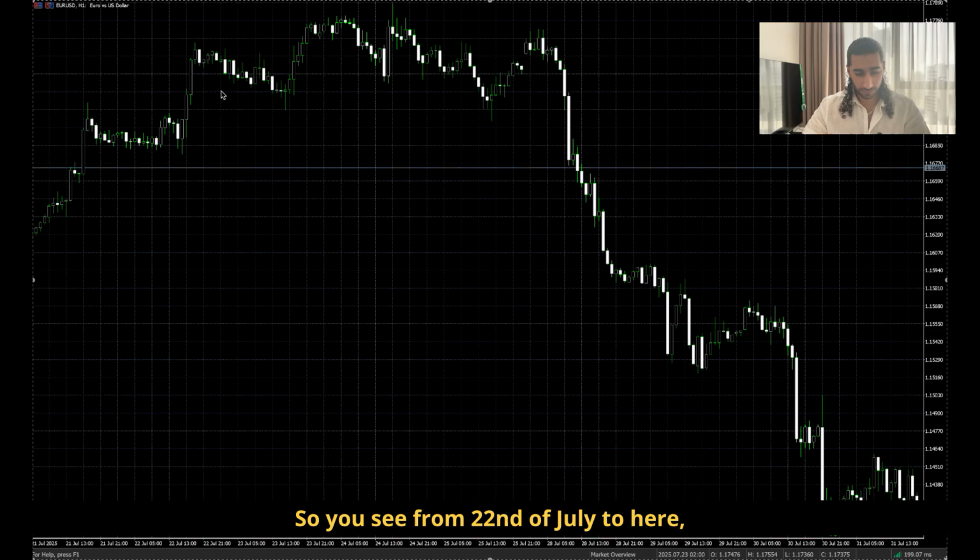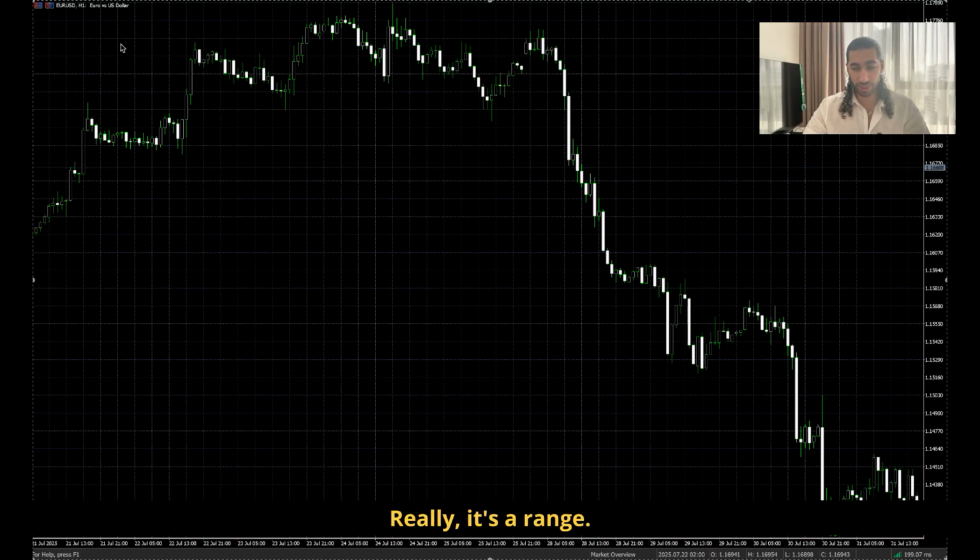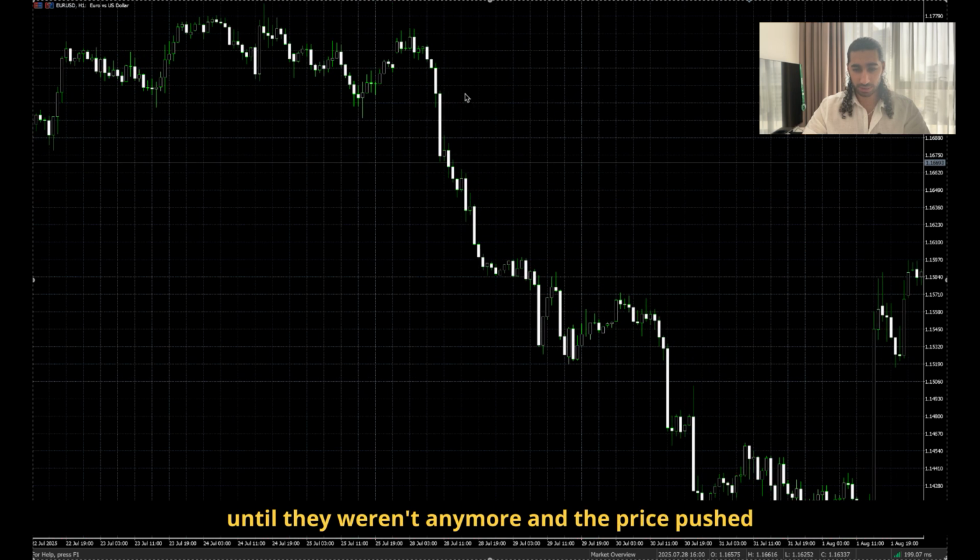So you see from the 22nd of July to here, which is the 28th of July, the price just went up and down. Really, it's a range. And people were basically satisfied with the price of Euro USD until they weren't anymore, and the price pushed to the downside really heavily and kept pushing and pushing and pushing until here.